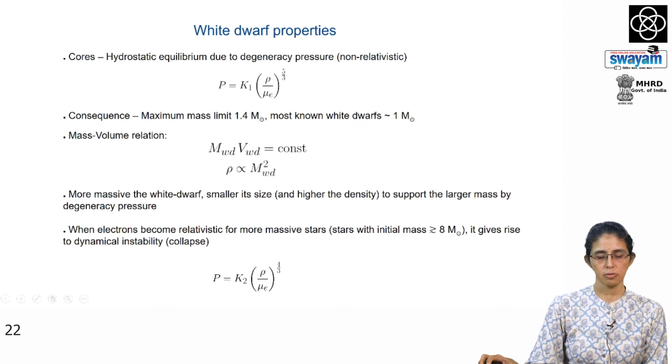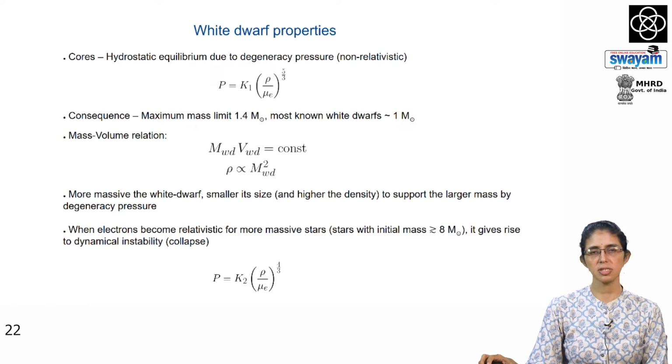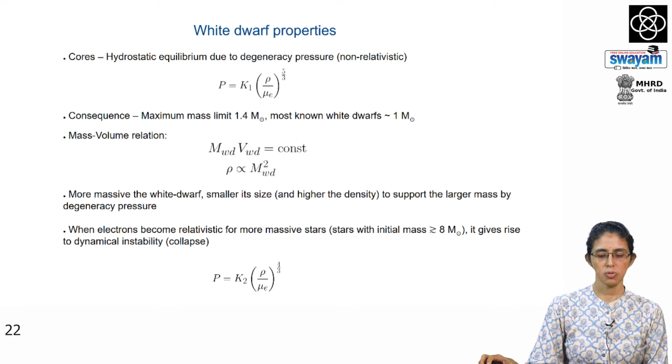Now, the cores of the white dwarfs are degenerate, and the degeneracy relation is given as pressure equals K1, a constant, times the mass density divided by mu_e, raised to the power 5/3, where mu_e is related to the average number of electrons per nucleon.